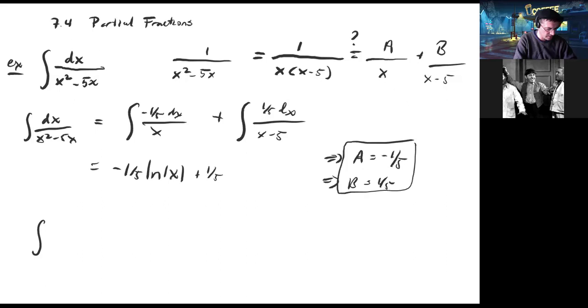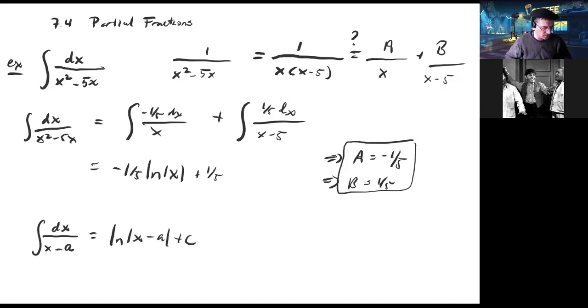So let me point out something that's not hard to show. If you have x minus any constant a, and we take dx over x minus a and integrate it, we're going to get ln absolute value of x minus a plus c. You can see that by taking the derivative, but how did I get this? I can do a u substitution.